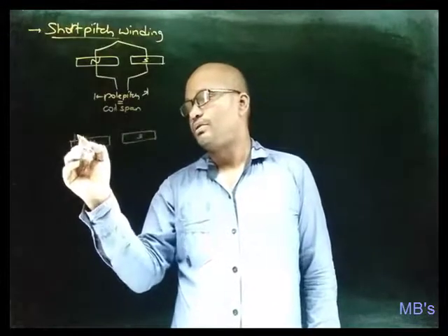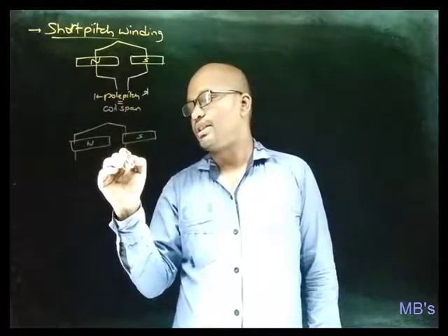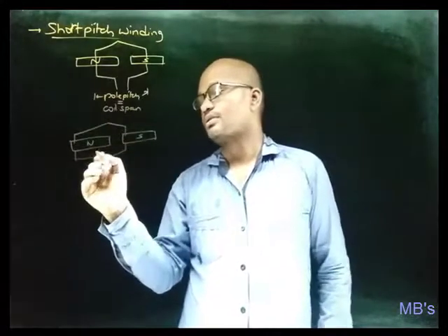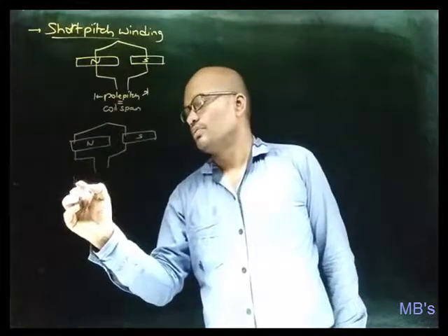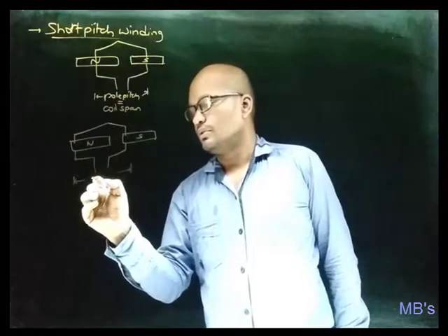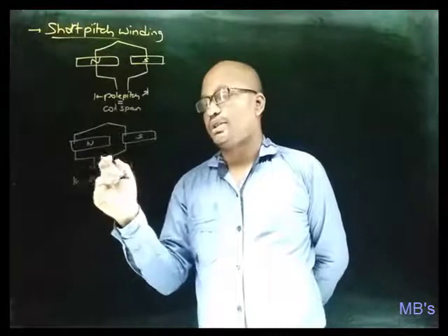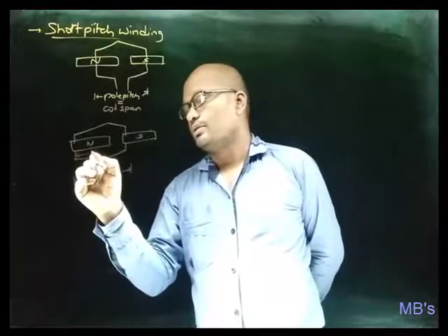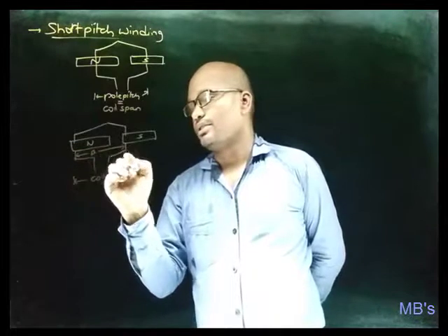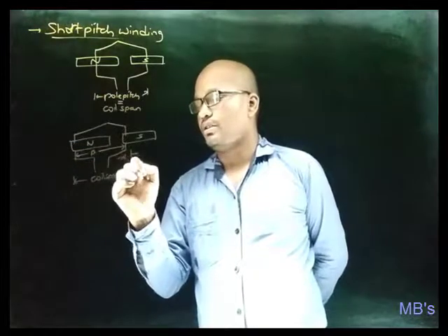if the coil span is less than the pole pitch, so for short pitch winding, the coil span is theta and it is short pitched by an angle called the chording angle alpha.